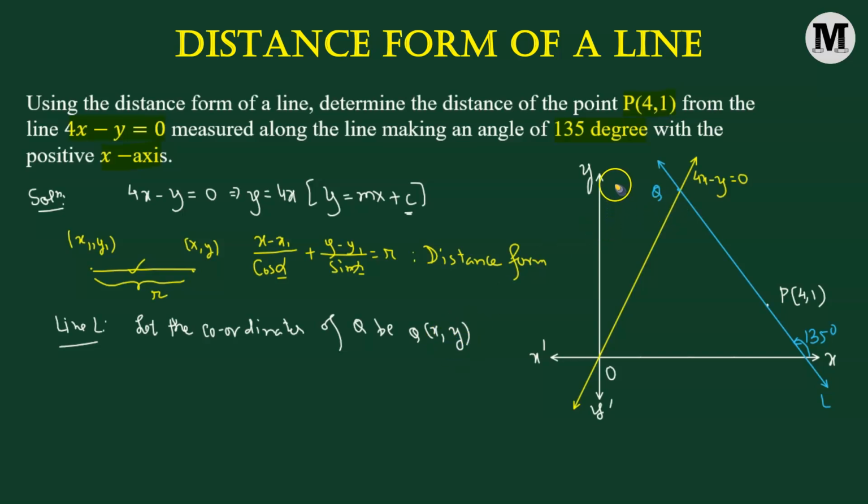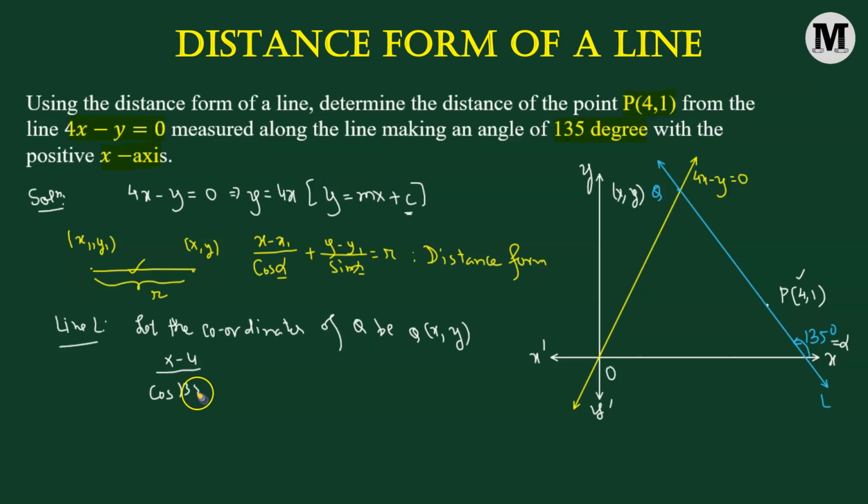Fine. So here we have considered the coordinates of Q to be x, y. Now we can apply the distance form. So we have x minus x1, where x1 will be the x coordinate of point P. So that's x minus 4 divided by cosine of the angle that the line L makes with the positive x-axis. So that's 135 degrees. This is the value of alpha here.